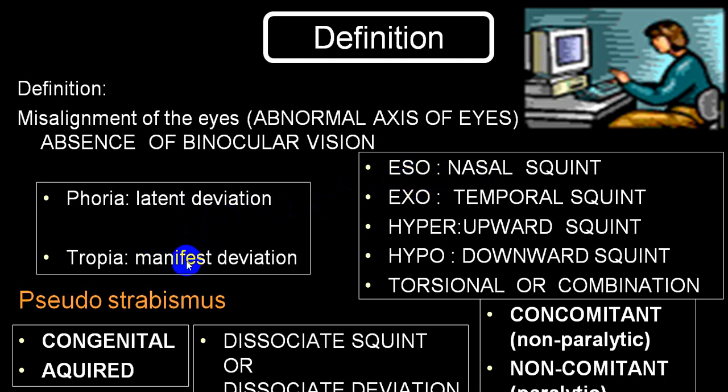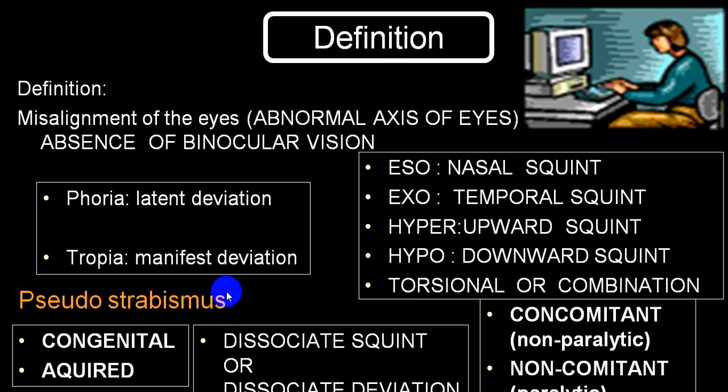We'll be talking more of manifest only, so we'll be using that word. When there is a deviation of the eyeball outwards, or abducted, it is called exotropia or exophoria. If it is upward deviation, it is called hyper, and if it is downward, we call it hypo, and if it is rotation, it is called torsion.